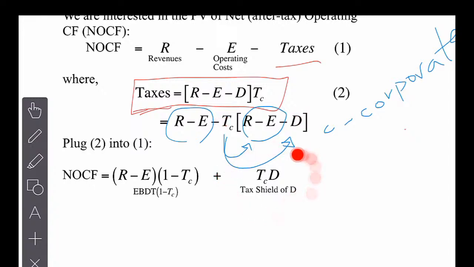We're going to call this the tax shield of depreciation, the tax shield of D. So this is a positive cash flow. Tax shield, tax savings, resulting from depreciation.